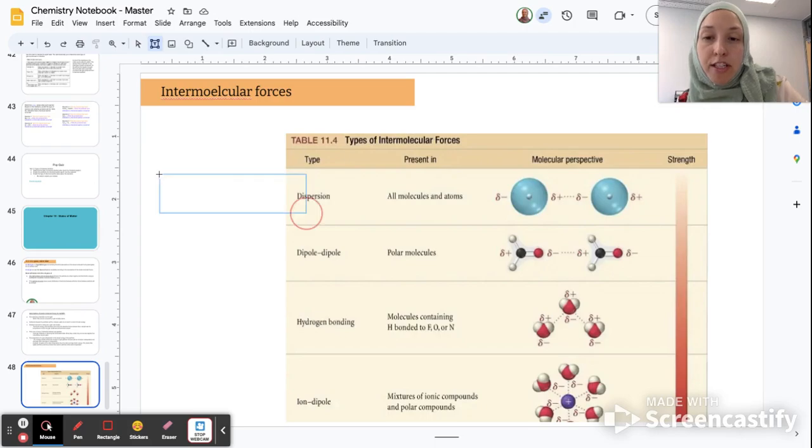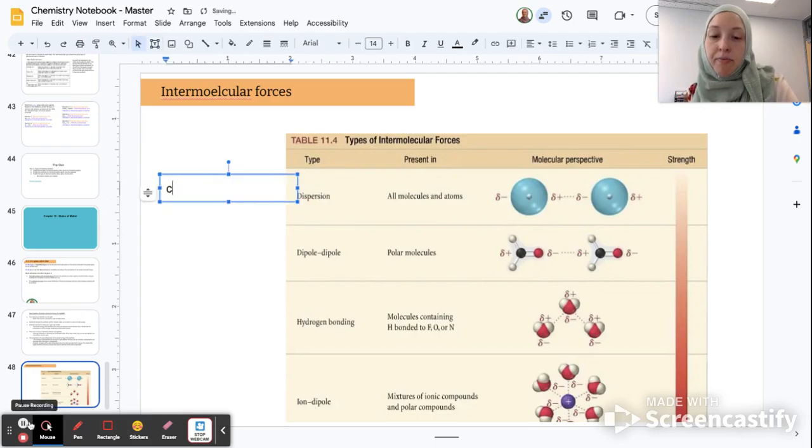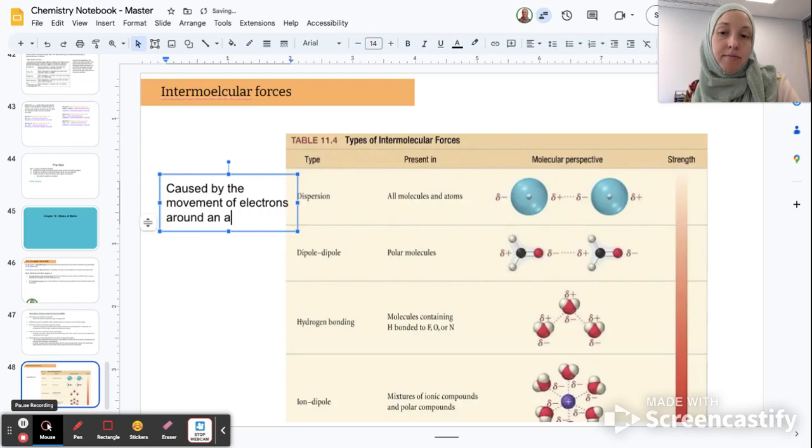So I can put a little note here. Dispersion is caused by the movement of electrons around an atom.